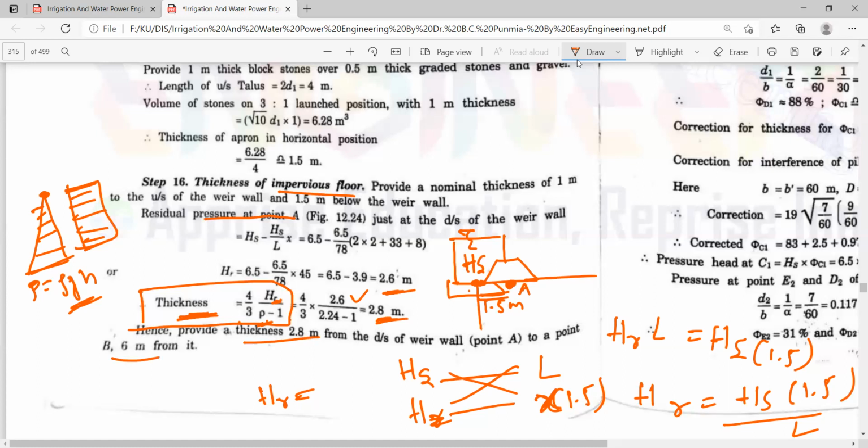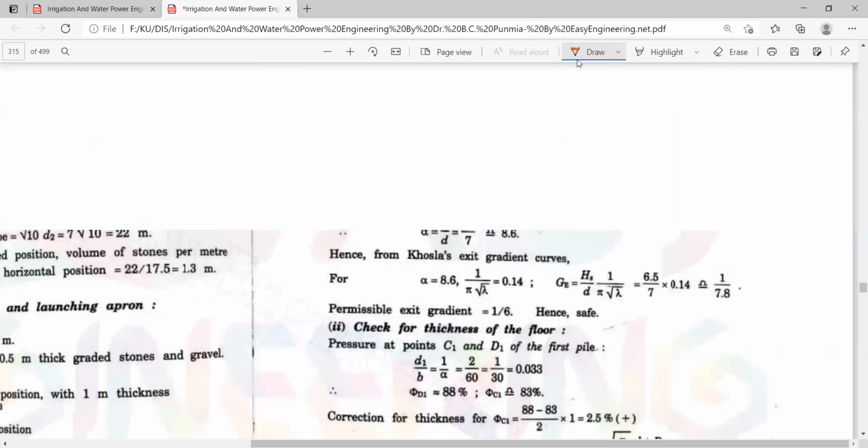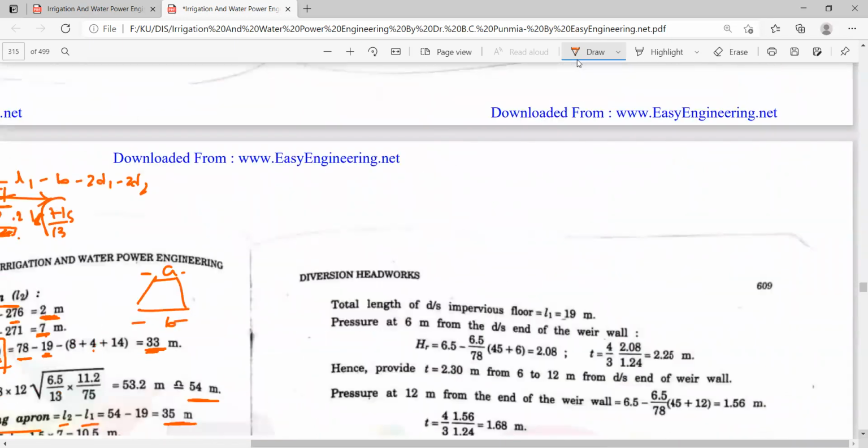Let us suppose another point B is located 6 meters from point A. Again we need to calculate the residual head. HR will be equal to the available head Hs divided by the total length of creep, into X. This is the formula.